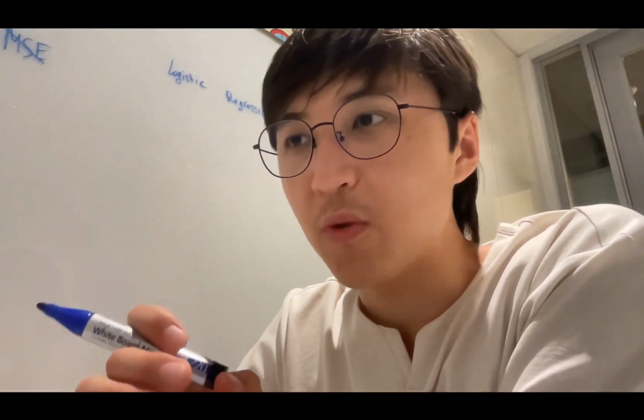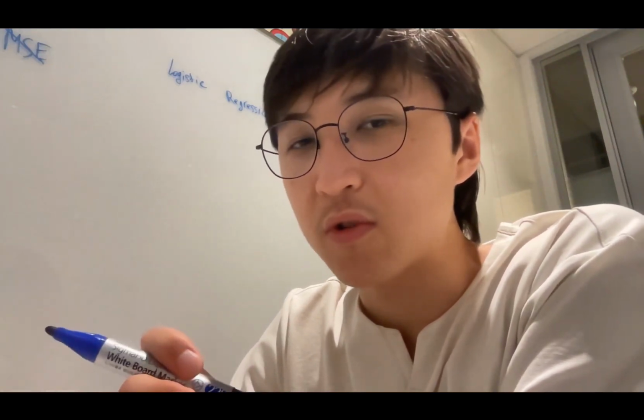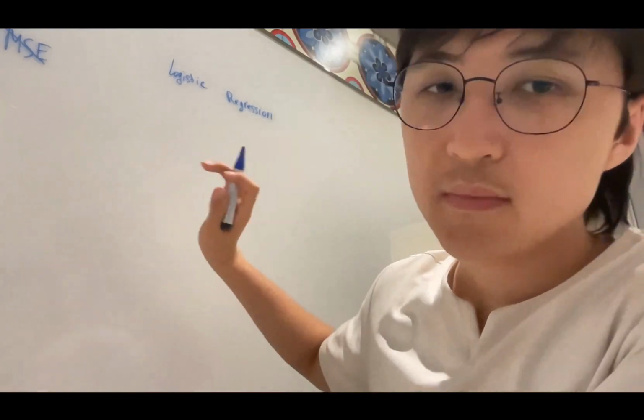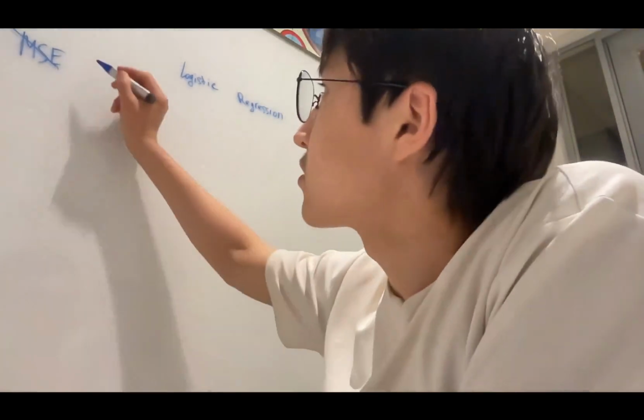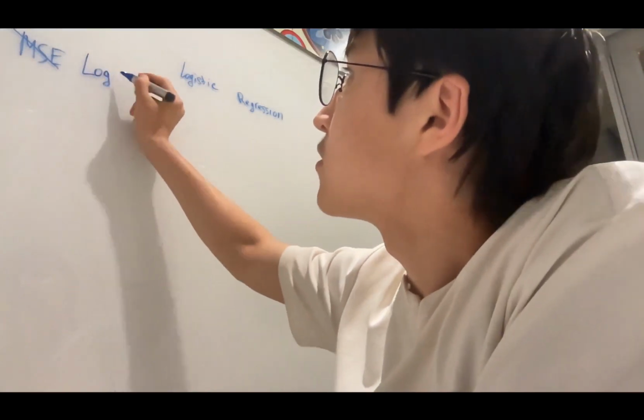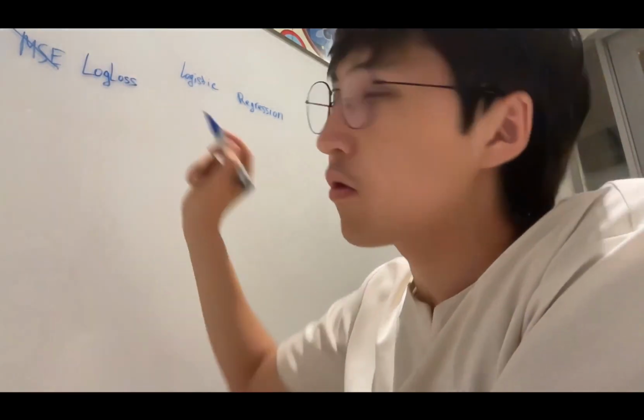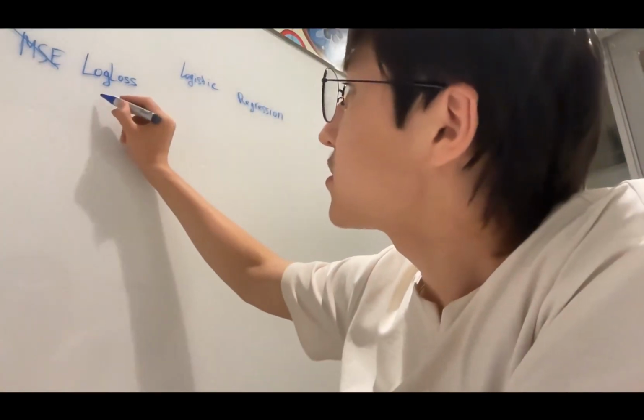If it's 0.1, it means the probability that it belongs to class 0 is high. So we don't need mean square error. Instead, we need the log loss function as a cost function, and we will also use sigmoid.